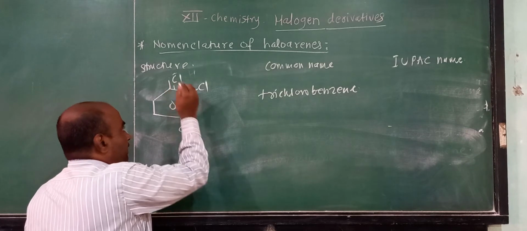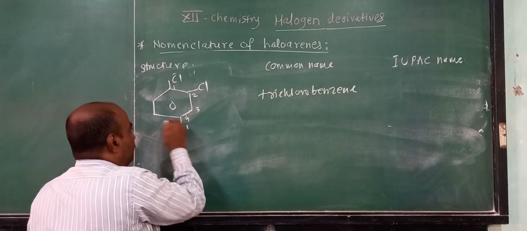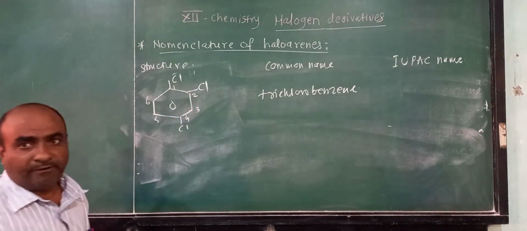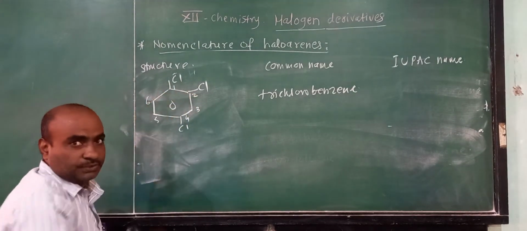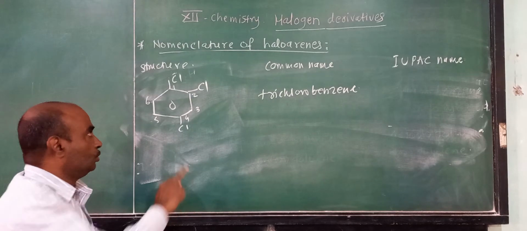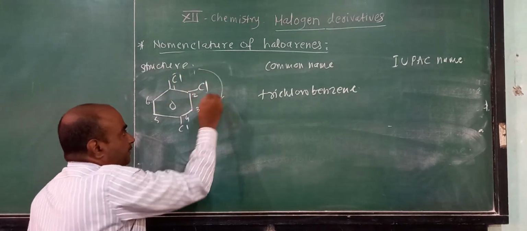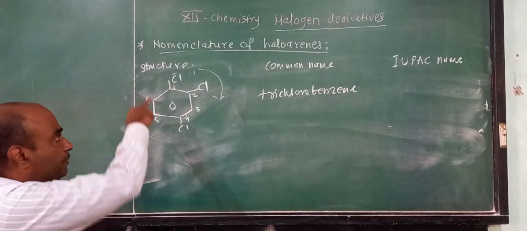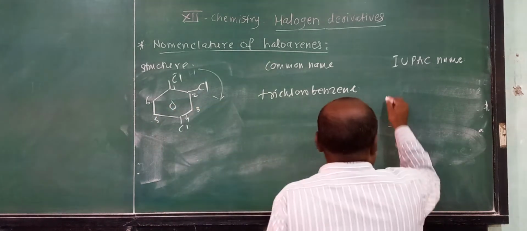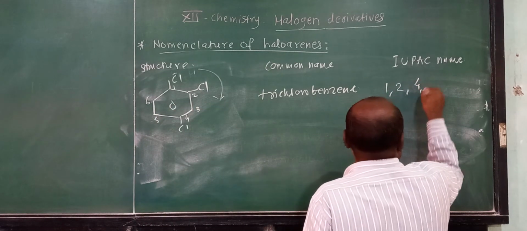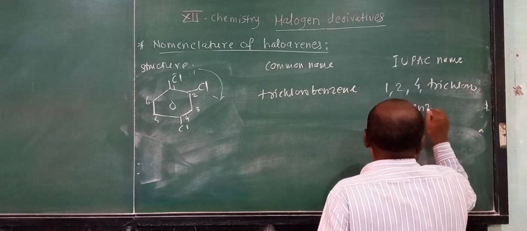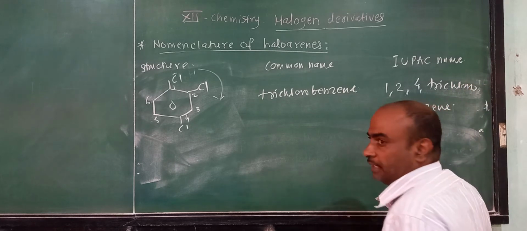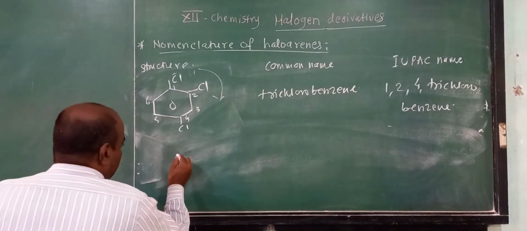So count the carbon numbers 1, 2, 3, 4, 5 and 6 in the direction that gives the lowest numbers. According to the lowest locant rule, numbering from the right side will be correct. So the IUPAC name for that compound will be 1,2,4-trichlorobenzene.